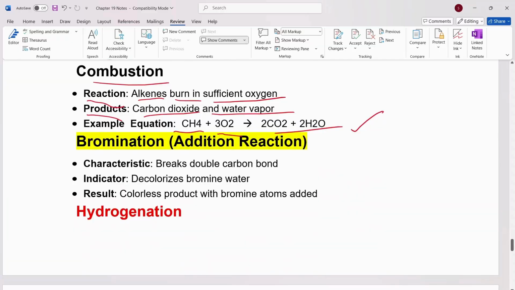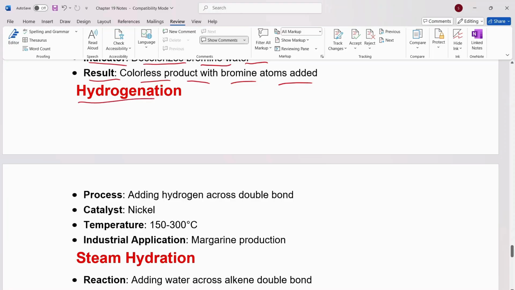Then we have the bromination addition reaction. In bromination, the characteristic is breaking down the double bond of carbon. Indicator: it decolorizes bromine water. Result: colorless product with bromine atoms added. Now let's talk about the hydrogenation process, adding hydrogen across a double bond.